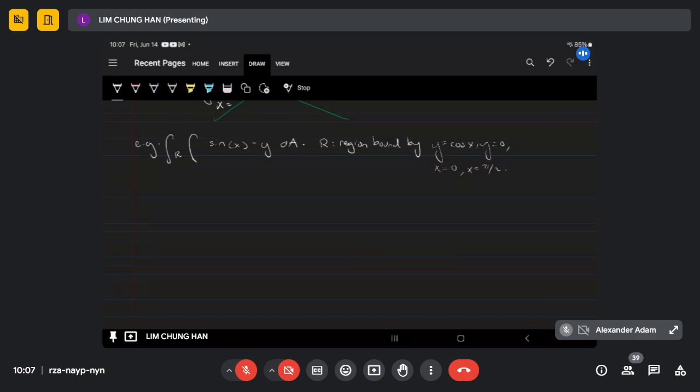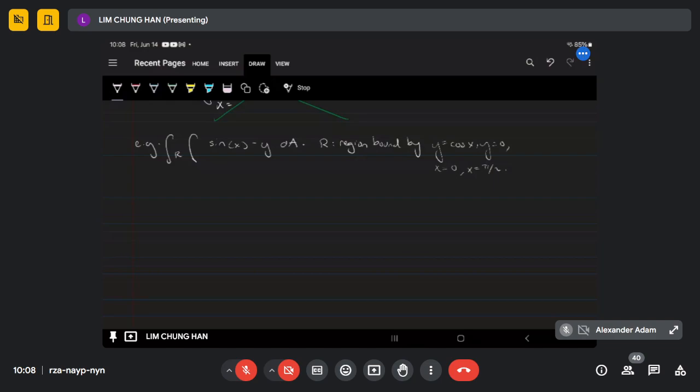Now, if you look at a question like this, if I didn't ask you to draw out the region, in the last few topics I sort of tried to mention to you why you have to draw the region first, so that you can find the limits.